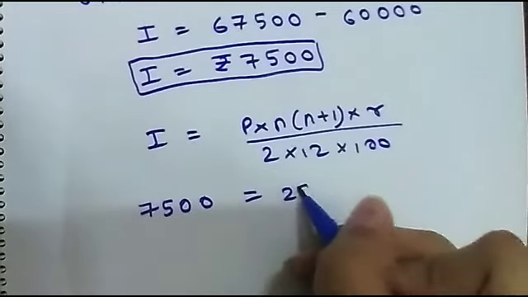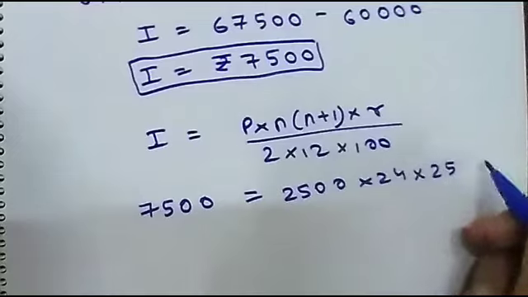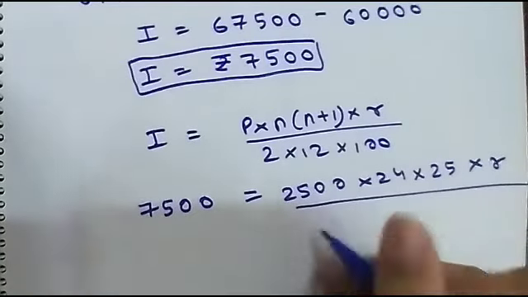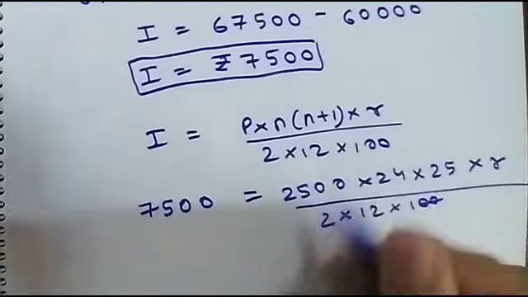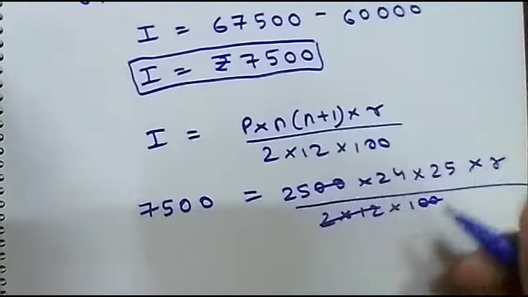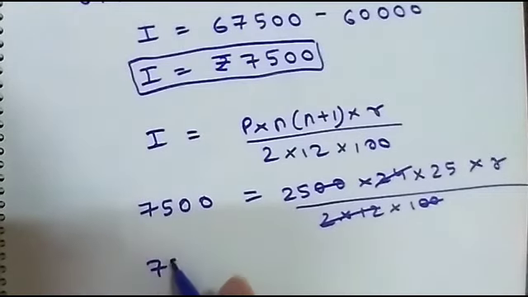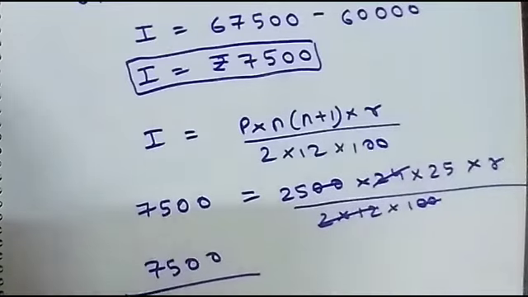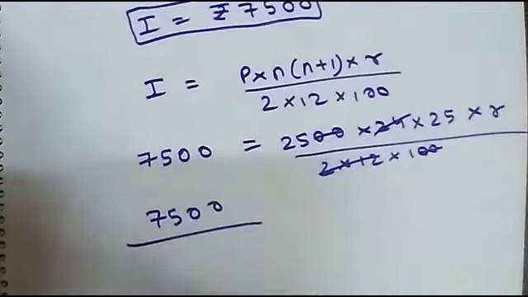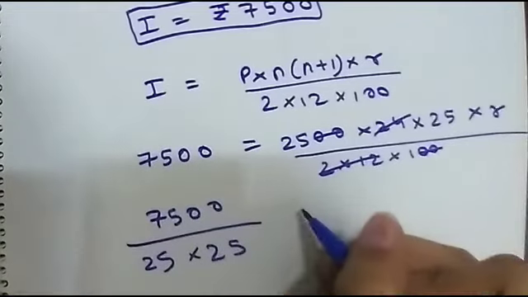Here P is 2,500, N is 24, N plus 1 is 25, R we do not know, divided by 2 into 12 into 100. 2 zeros cut, 2 into 12, 24 cut. Now it would be 7,500 divide by, because here it is in multiplication, so it will go on division, 25. Here also 25 equals to R.